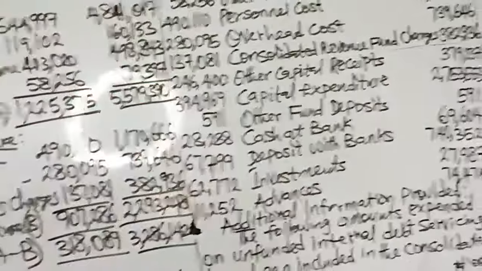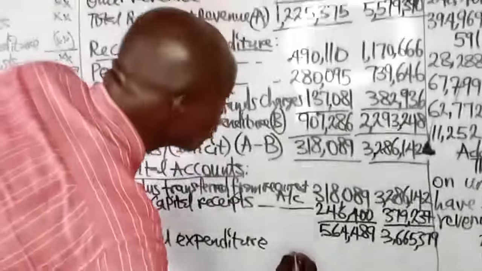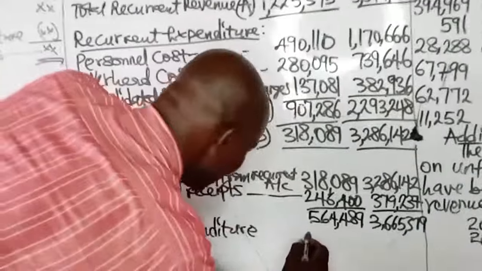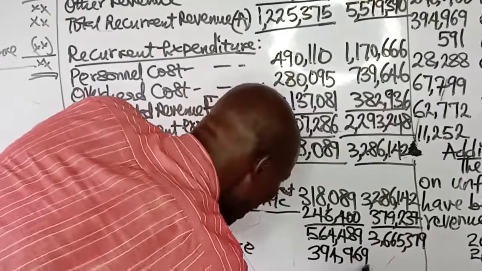So we have capital expenditure, 2017, 394,969.